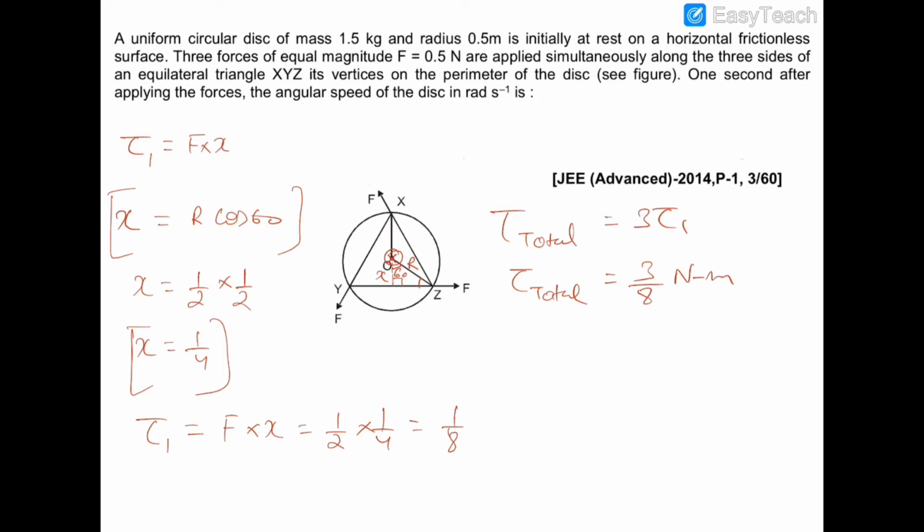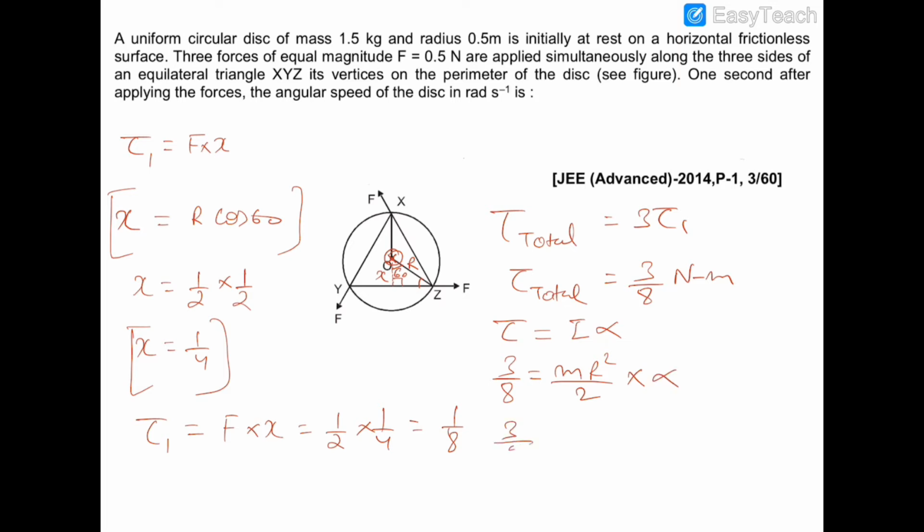Now this total torque 3 by 8 would be equal to I alpha, where I is the moment of inertia of this disk about the center. So 3 by 8 is equal to I, which is m r square by 2. We know the formula of the moment of inertia of the disk. It is m r square by 2, into alpha.